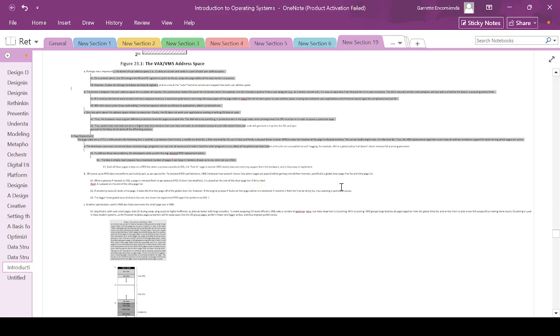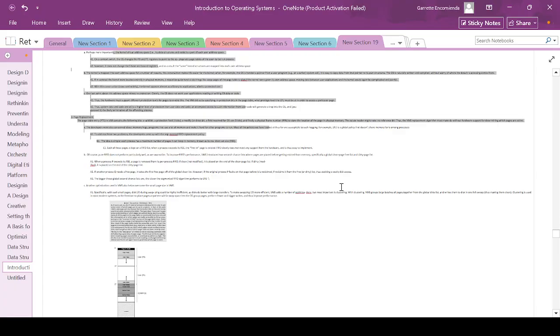The VAX did so by specifying in protection bits in the page table what privilege level the CPU must be at in order to access a particular page.